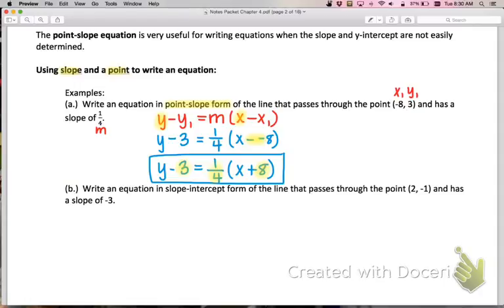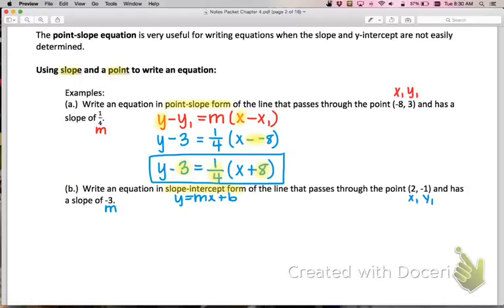So the fact that they want our final answer in slope-intercept form is really important. That is y equals mx plus b. But we don't want to use y equals mx plus b to start because, again, we don't know b. We have, again, a point, x1, y1, and we have a slope, which is m. So if those are what I'm given, I want to use the point slope formula.